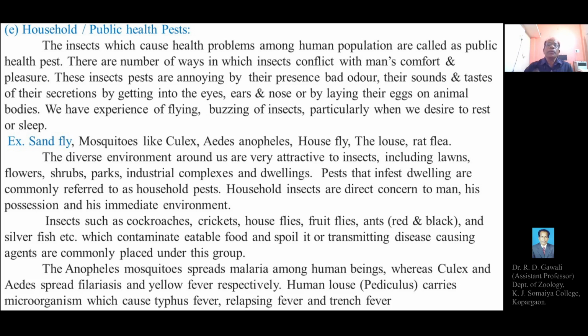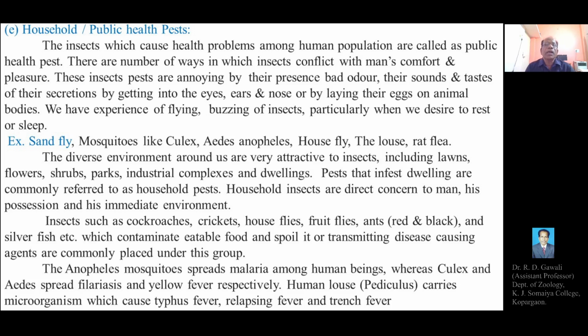So these are the different types of insect pests which cause health hazards, diseases or health problems in the houses and conflict with human comfort and pleasure, causing harm or discomfort.